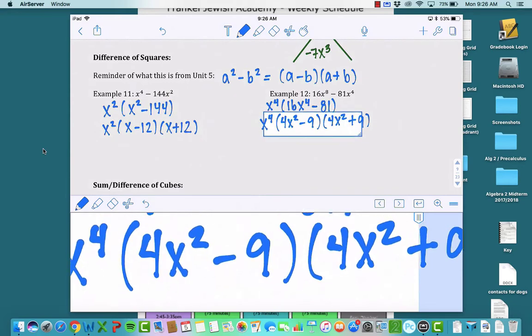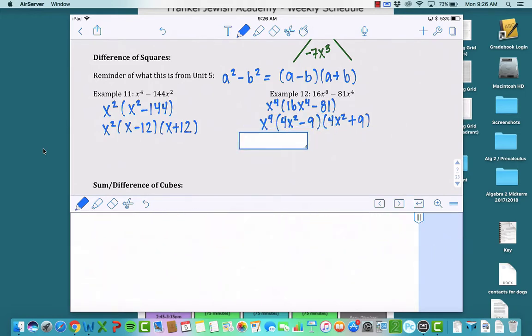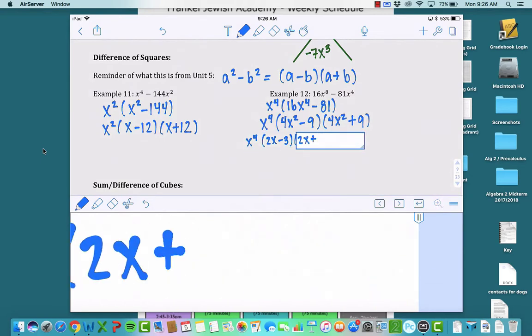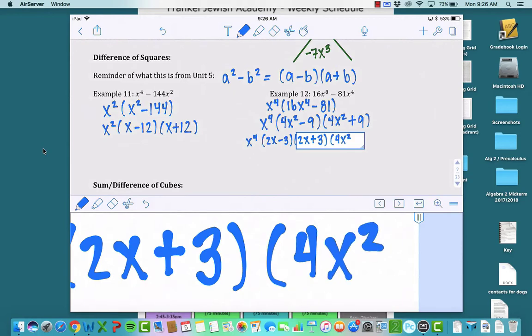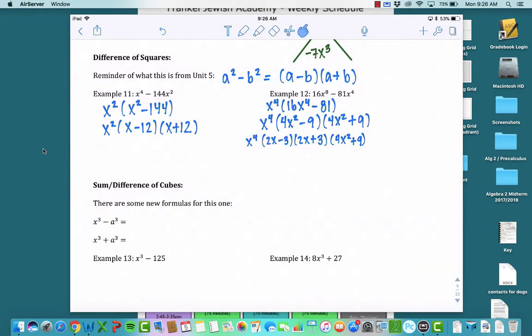But if you notice, I snuck another one in there, because the square root of 4 is 2, and the square root of 9 is 3. So my final answer is going to still be the x to the 4th on the outside, times 2x minus 3, and 2x plus 3, and 4x squared plus 9. We can't factor the 4x squared plus 9 because it's imaginary. It's not a difference.